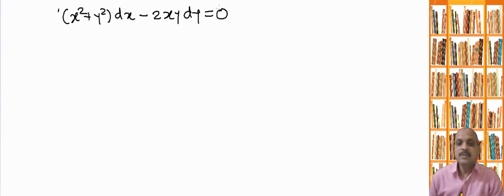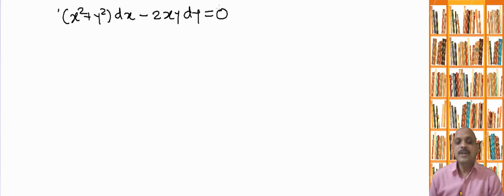In this equation, it is not in the form of dy by dx. Here you can easily see that dx and dy are in two separate terms, where the multiplier of dx is x square plus y square.